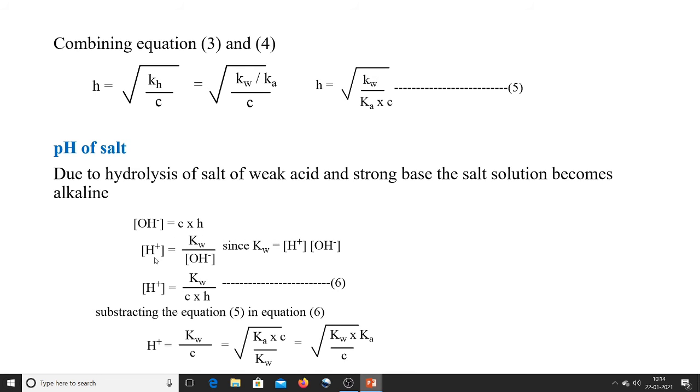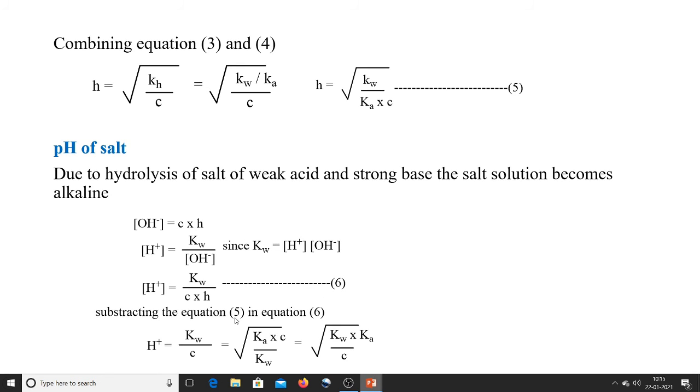We know that Kw is equal to H plus into OH minus. So we can write the ionic product of water as H plus is equal to Kw upon OH minus. So H plus is equal to Kw upon C into h. This is equation number 6.